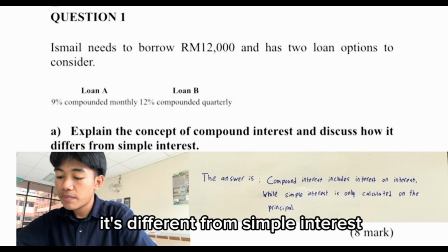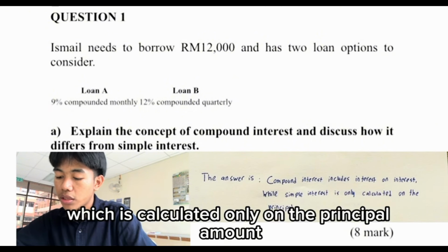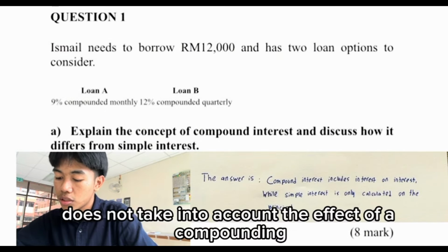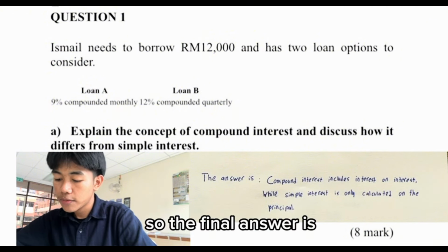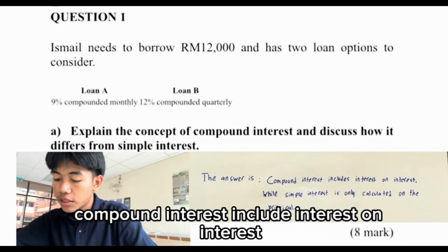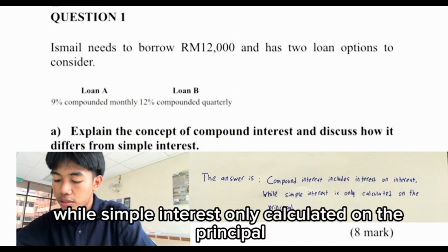It's different from simple interest, which is calculated only on the principal amount. Simple interest does not take into account the effect of compounding. The final answer is compound interest includes interest on interest, while simple interest is only calculated on the principal.